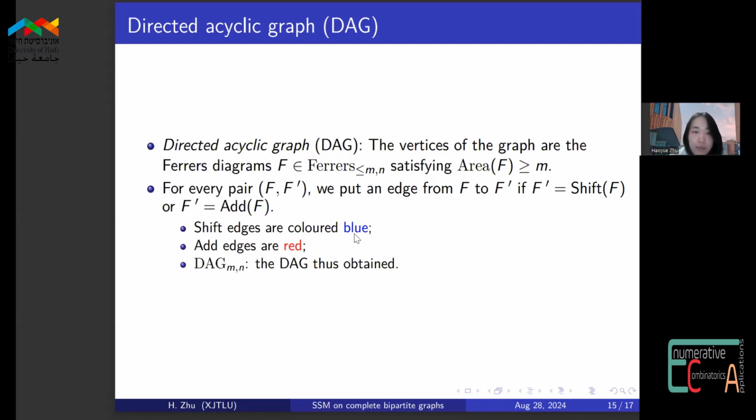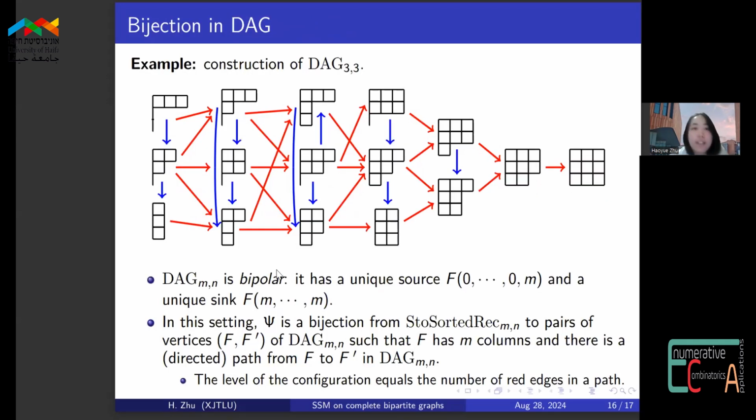We use blue to denote the shift edges, and red to denote the add edges. This is our example of the corresponding DAG with m equal to n equal to 3. You can find all the blue edges denote the shift operations, and all the red edges denote the add operations.